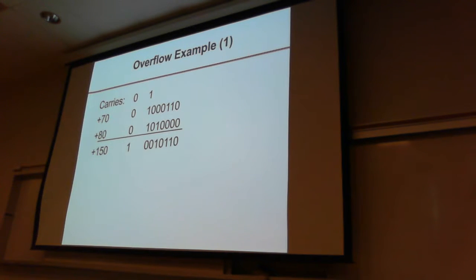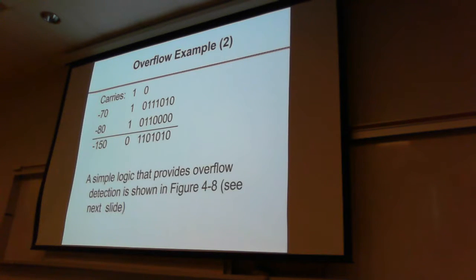Here was 150. We said positive 70 is 1000110. Now we're saying a minus 70 is 0111010.